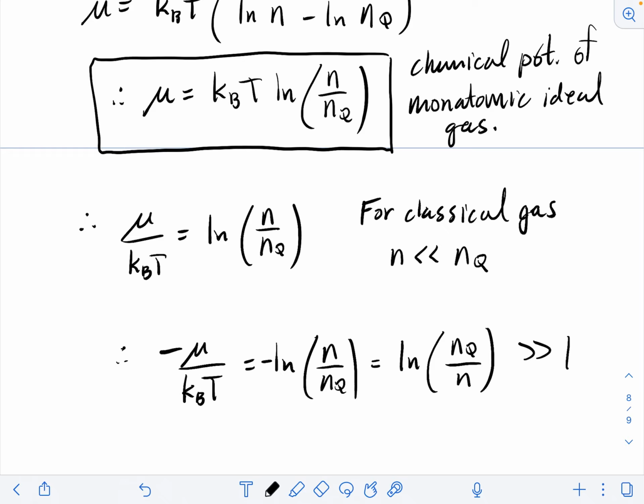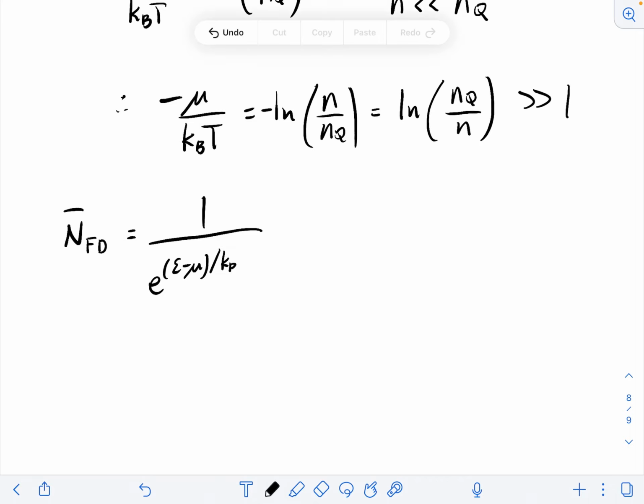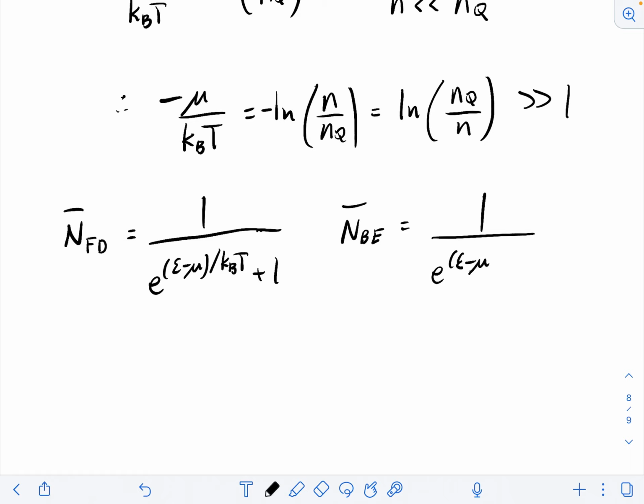Okay, so if we go write down the distribution functions, we'll remind ourselves of what they are. The Fermi-Dirac distribution function was 1 over e to the epsilon minus mu over kBT plus 1, and the Bose-Einstein distribution was equal to 1 over e to the epsilon minus mu over kBT minus 1. So the only difference is the plus or minus 1 in the denominator.